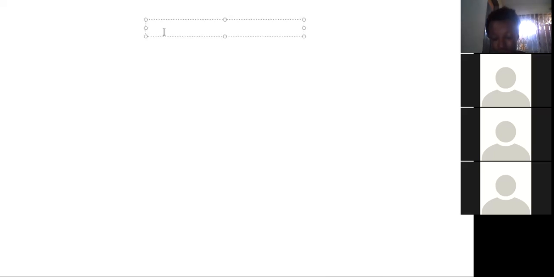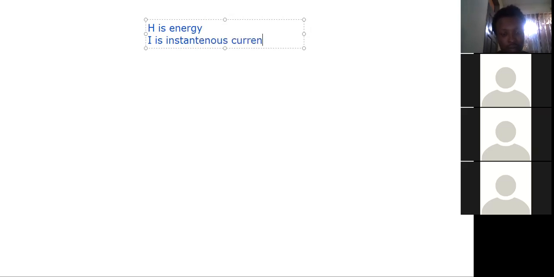So if H is the energy dissipated, whether heat energy or anything, and I is the instantaneous current, the current at that instant, and V is our potential difference.